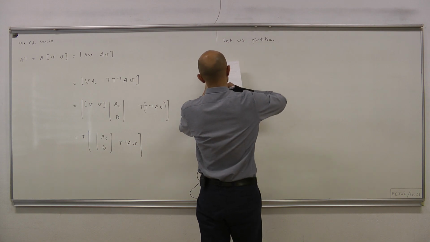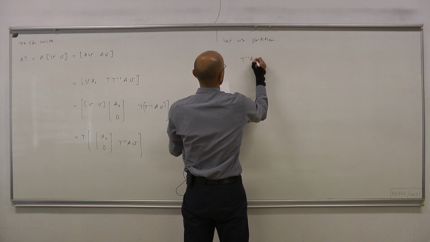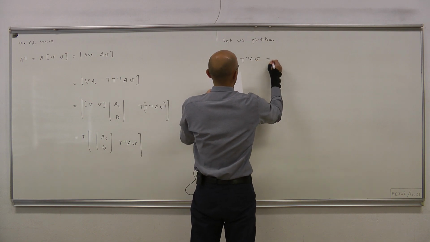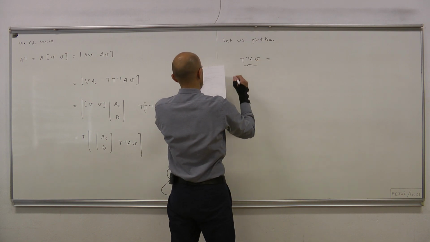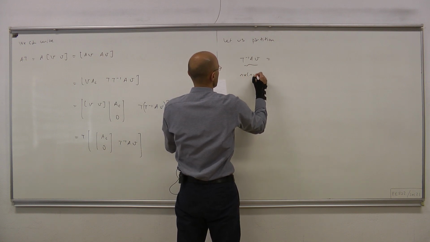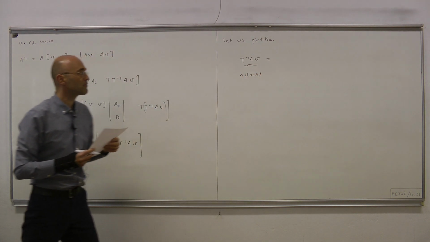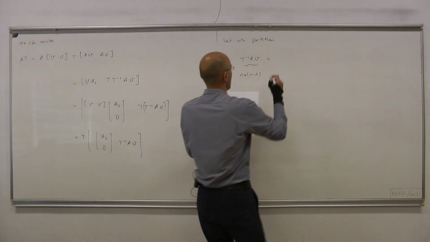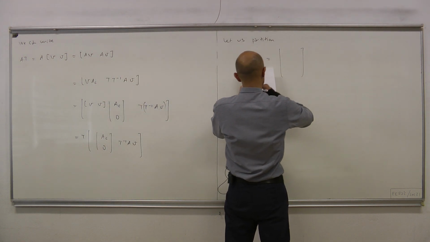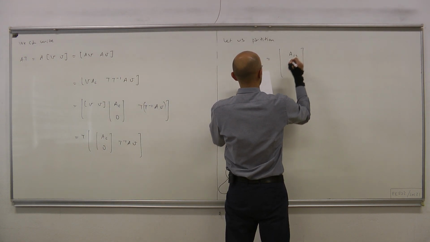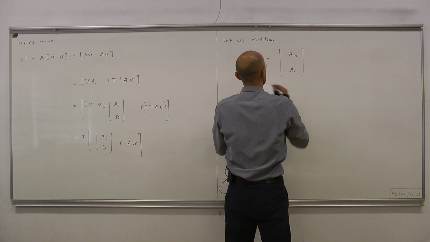Let us partition T inverse AU as, first of all, this is an n by n minus n bar matrix. So we're going to partition it as the following: A12 and AU.